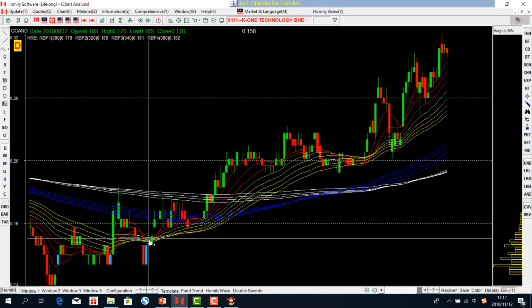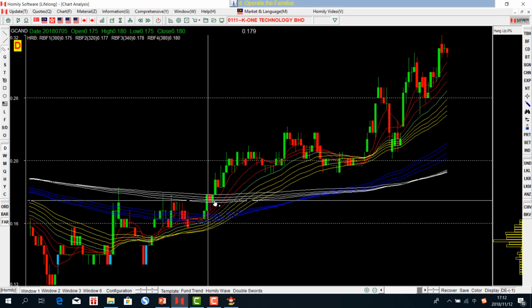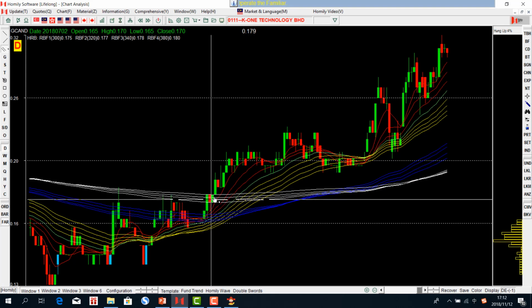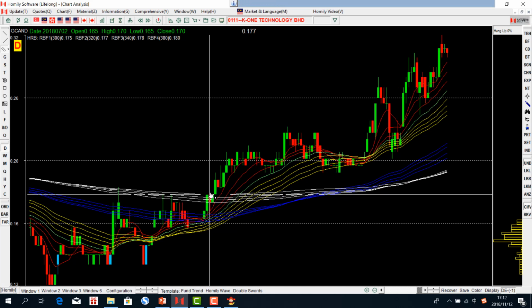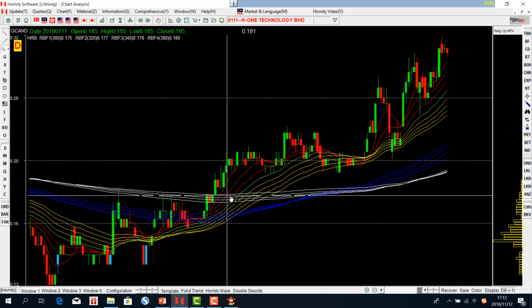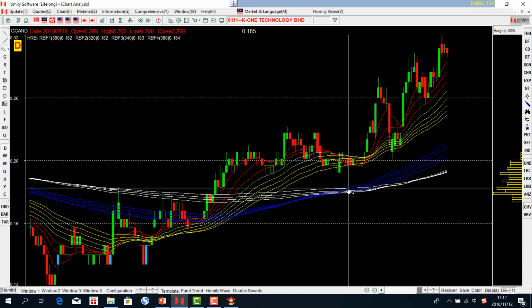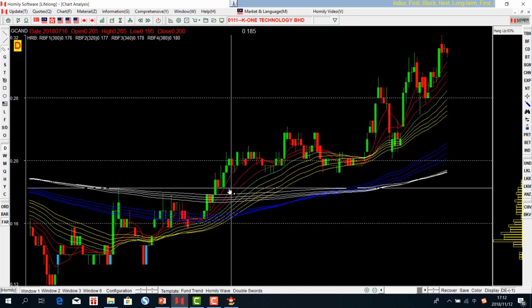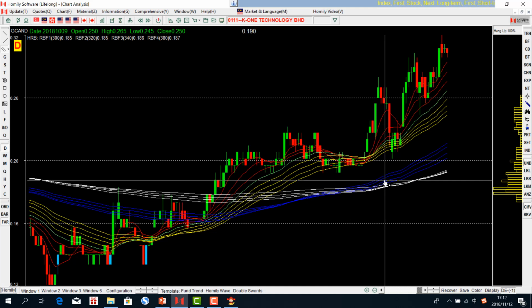For midterm traders, you need to be aware of the risk of the long-term position line, the white line. If it cannot break out here, you need to get out of the market. If it has broken out, you need to wait until the white line turns up. If the white line turns up, it means a long-term uptrend exists, so you can increase your position.